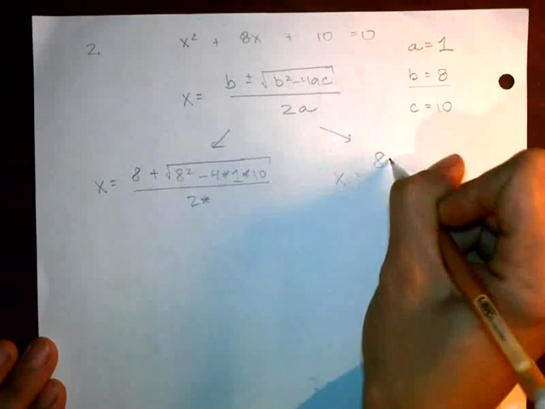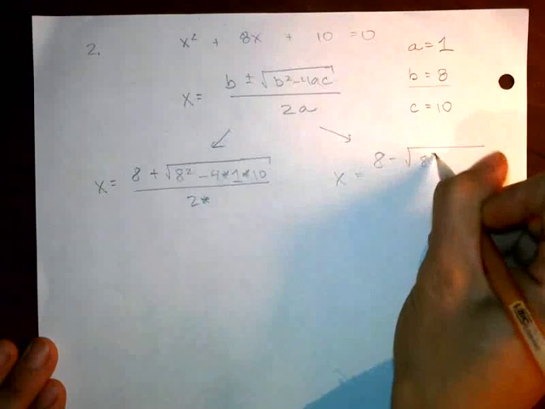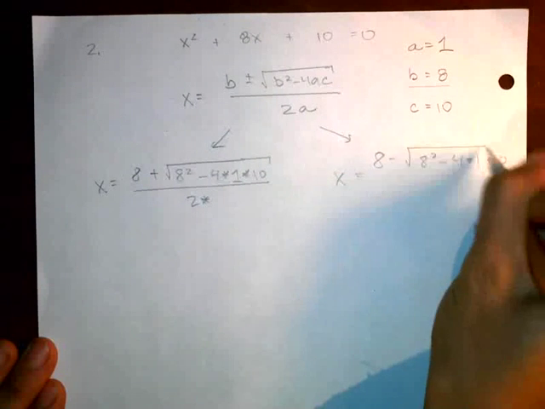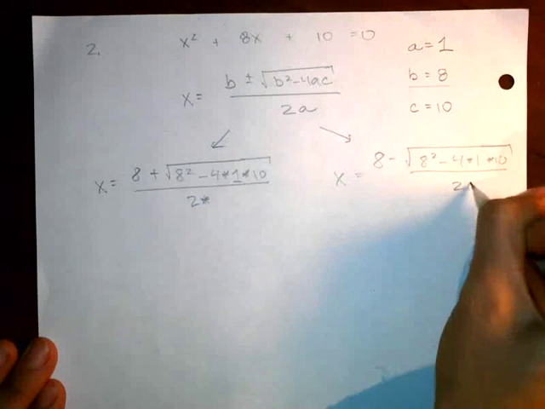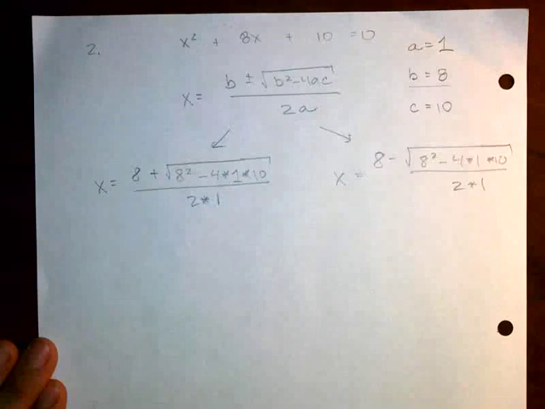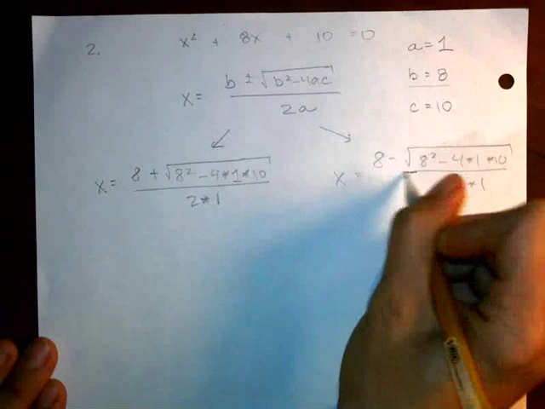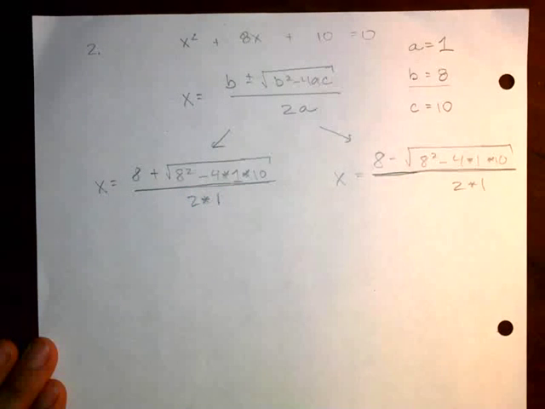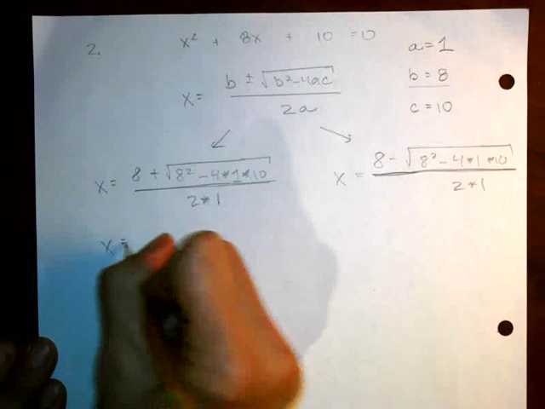My negative root is X is 8 minus the square root of 8 squared minus 4 times 1 times 10, divided by 2 times 1. So those are my 2 roots. I'll make sure it's really clear that everything here is in the numerator. So I'm going to simplify this. I'll work on the plus root side.